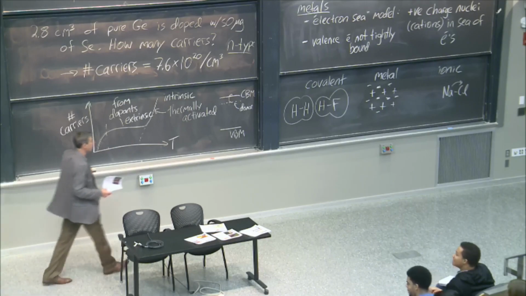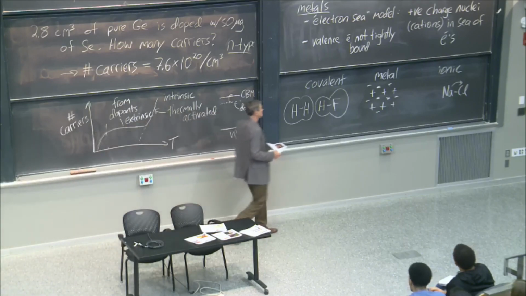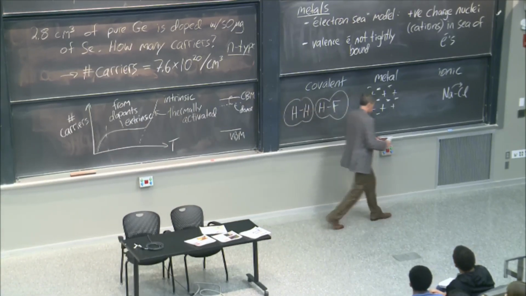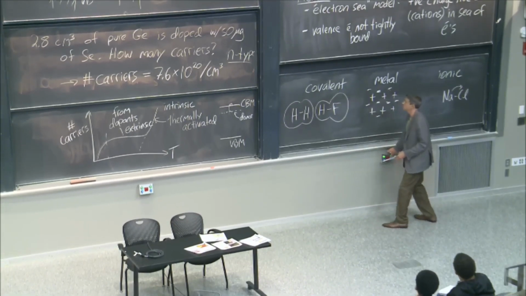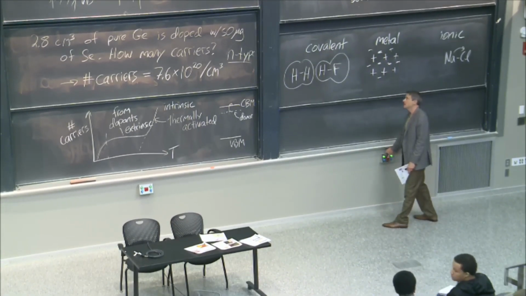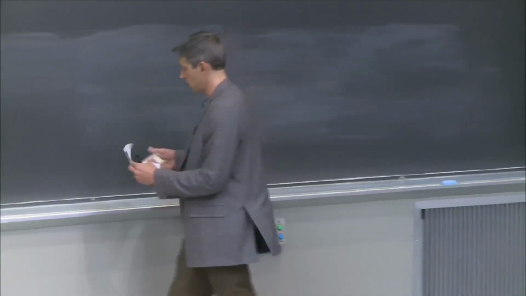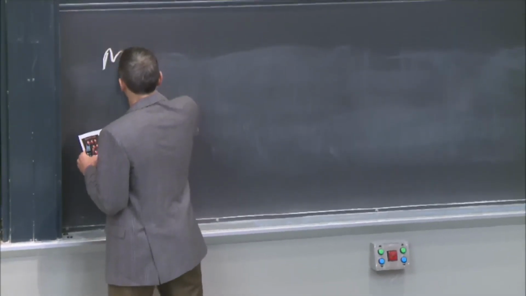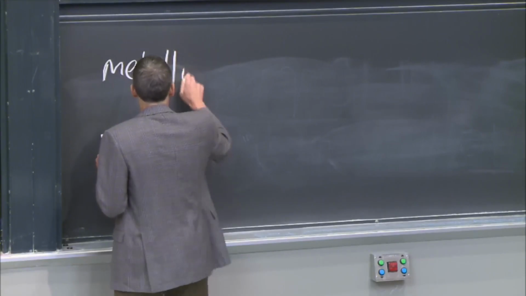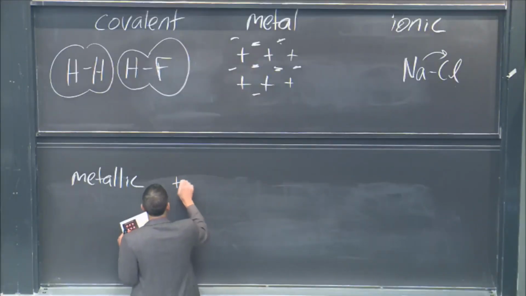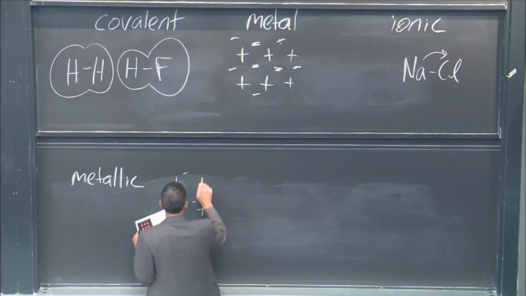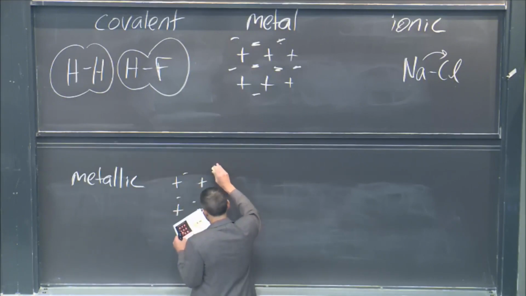Now, here's the point. I've got a sea of electrons. We can finish our table. We started the table, let's finish the table. Because now if I have metallic, and I have this kind of setup here, that's the picture. That's the model.